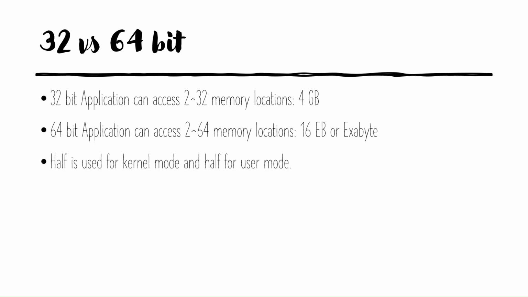Let's say for example, I am running 3 applications, app A, app B, and app C. All these 3 will have their own 2 GB user mode memory, which they will use to store data. But all of them will use the same shared 2 GB kernel memory. So they have their own user mode memory and a shared kernel mode memory.